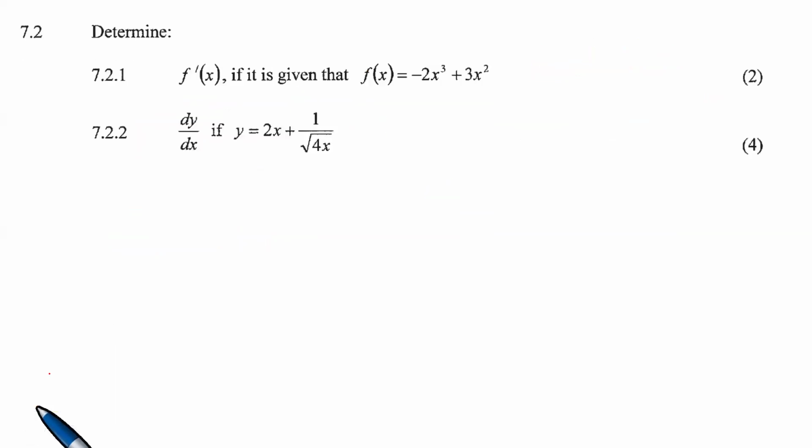In the next question, we analyze 7.2.2 because we've already looked at 7.2.1. Meaning y is 2x plus 1 over the square root of 4x.